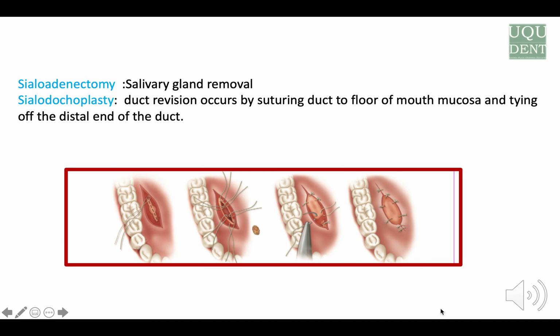Then, as you can see in the picture, a ductal incision is made over the stone, distal to it, and you can extend slightly toward the proximal portion of the duct. Then the ductal margin is sutured with the oral mucosa. Okay, so by doing it this way, you remove the stone and you suture the duct with the oral mucosa to be apart from the oral mucosa.